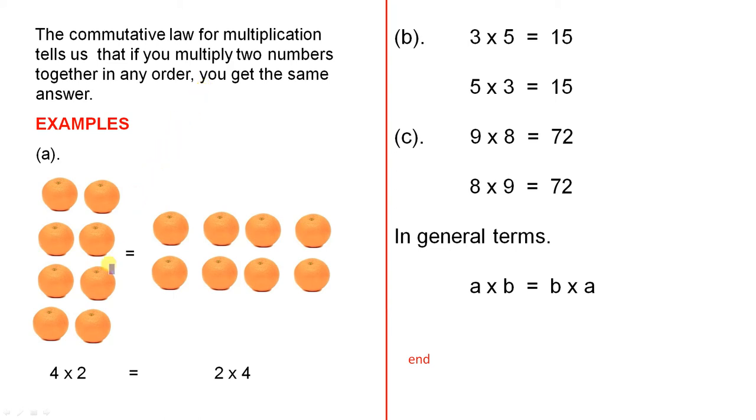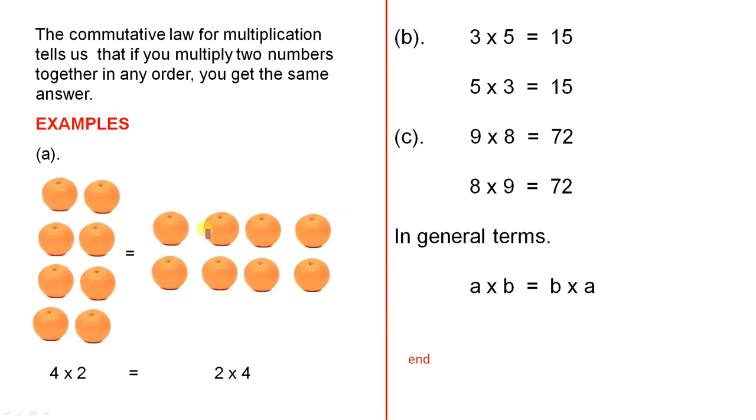Looking at these oranges here, if we have the oranges organized in this manner, that is, you have a column of 4 and another column of 4, that means you have two columns of 4.